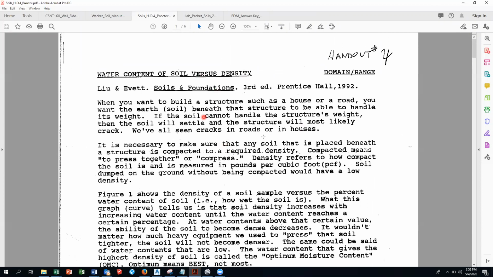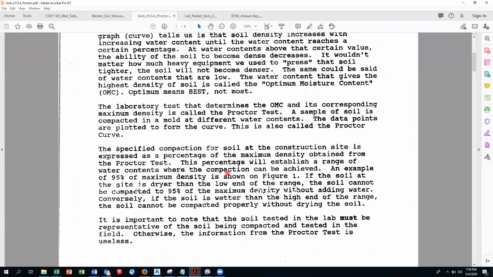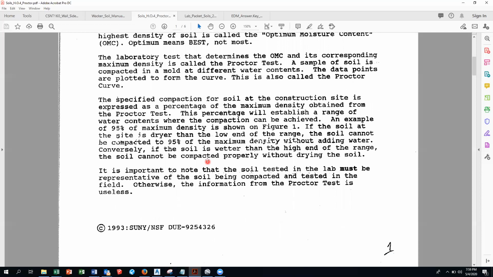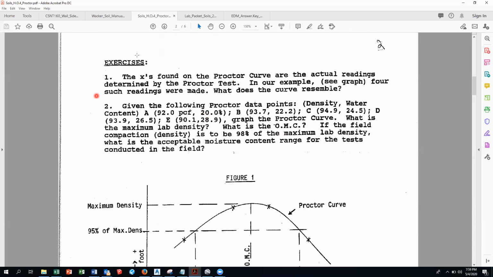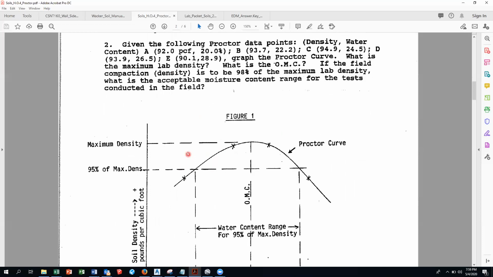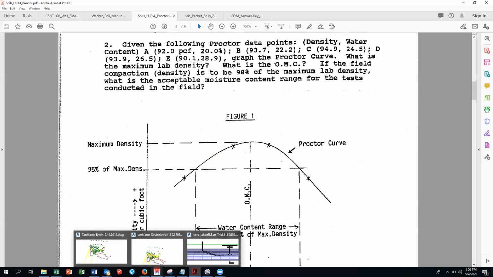So read this, and it talks about what do we do with the proctor curve, the laboratory proctor test, right? After we're done running that proctor test. And this is what I'm talking about here. Don't bother with the exercises, but there's that bell-shaped curve. There's the bell-shaped curve. Oh, and I'm also going to have you watch another YouTube video for Thursday, and I'll post that to Vanco.